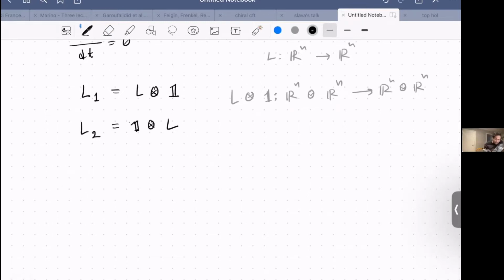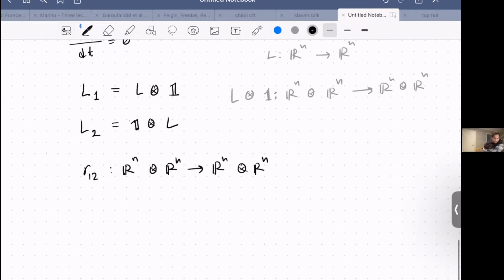All right. Then assume that there exists a different operator, R12, which acts non-trivially on both factors. Then we shall be able to prove involution if the following equation holds.